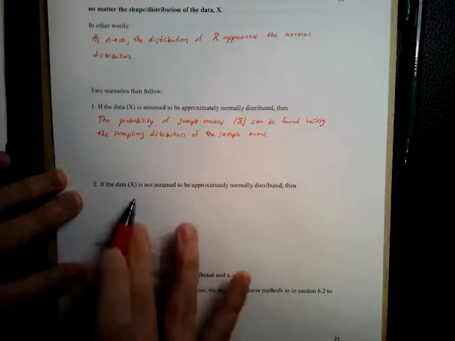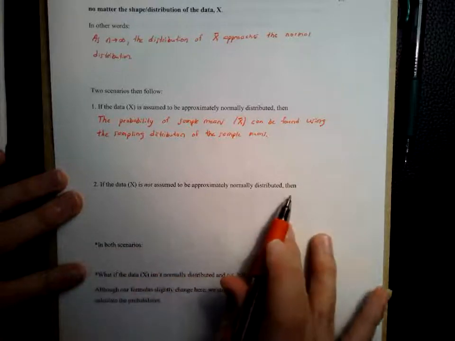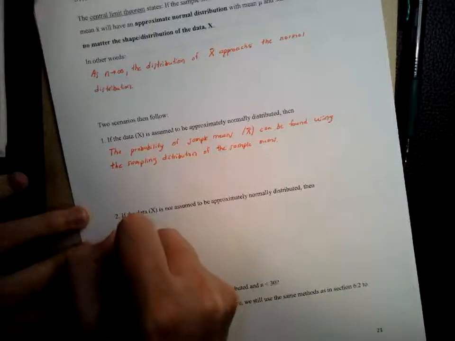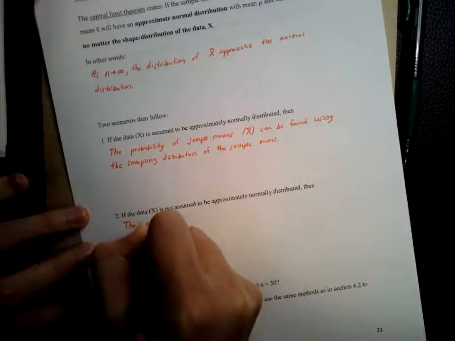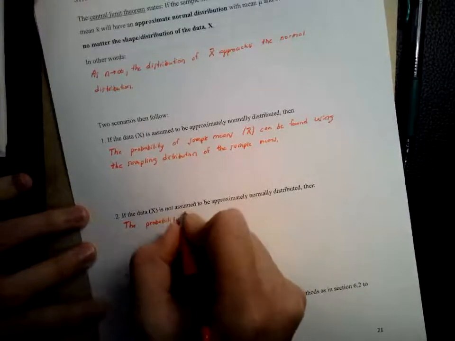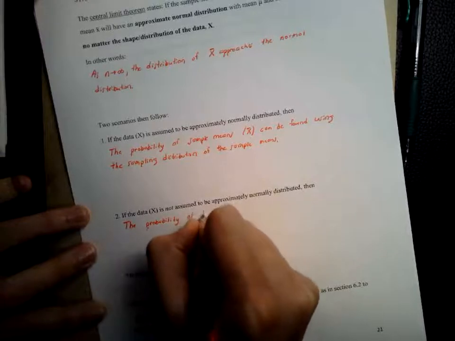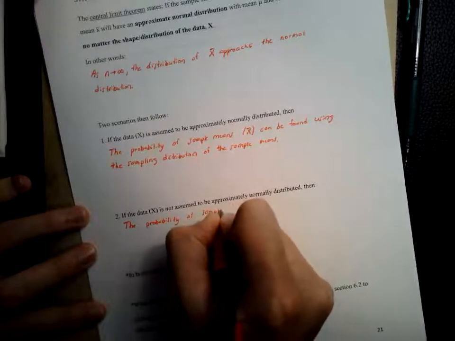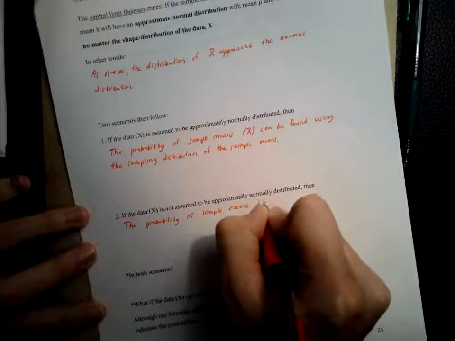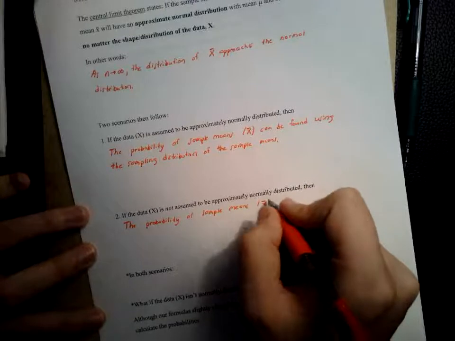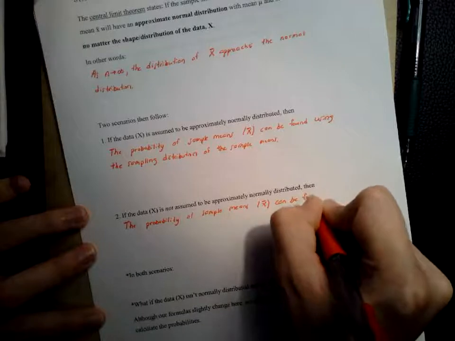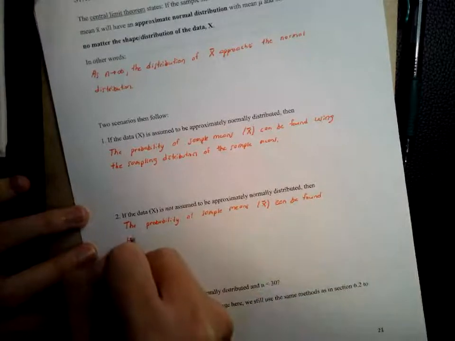The next scenario: if the data X is not assumed to be approximately normal, then the probability of sample means X bar can be found using the central limit theorem.